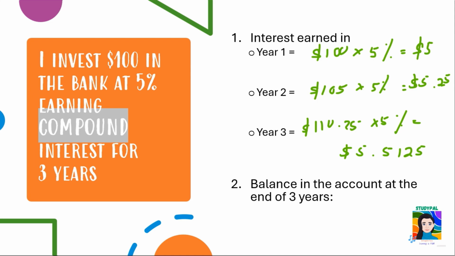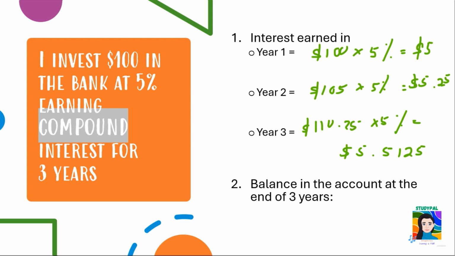So what's the balance in the account at the end of 3 years? It's the sum of the principal amount and the interest earned throughout.